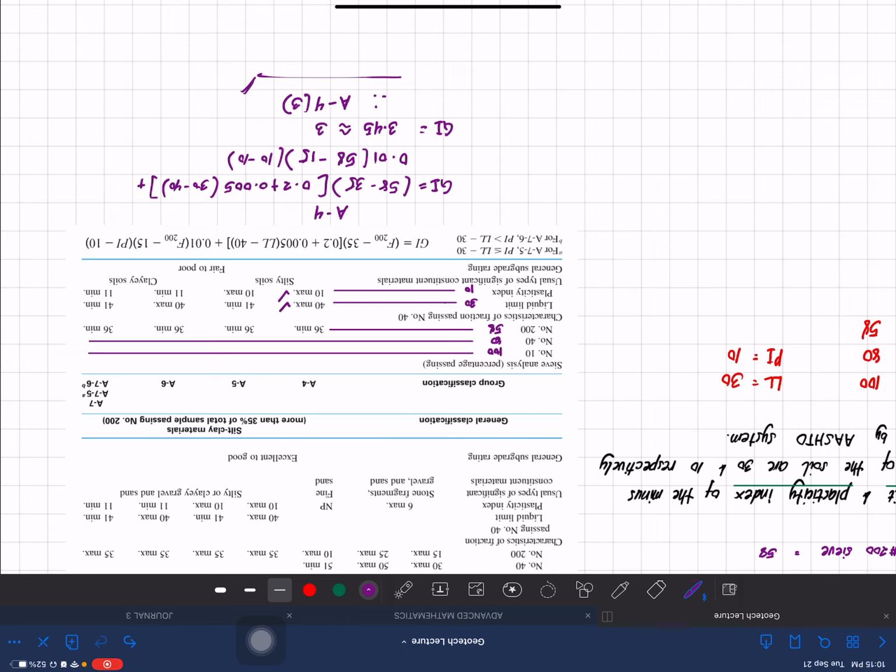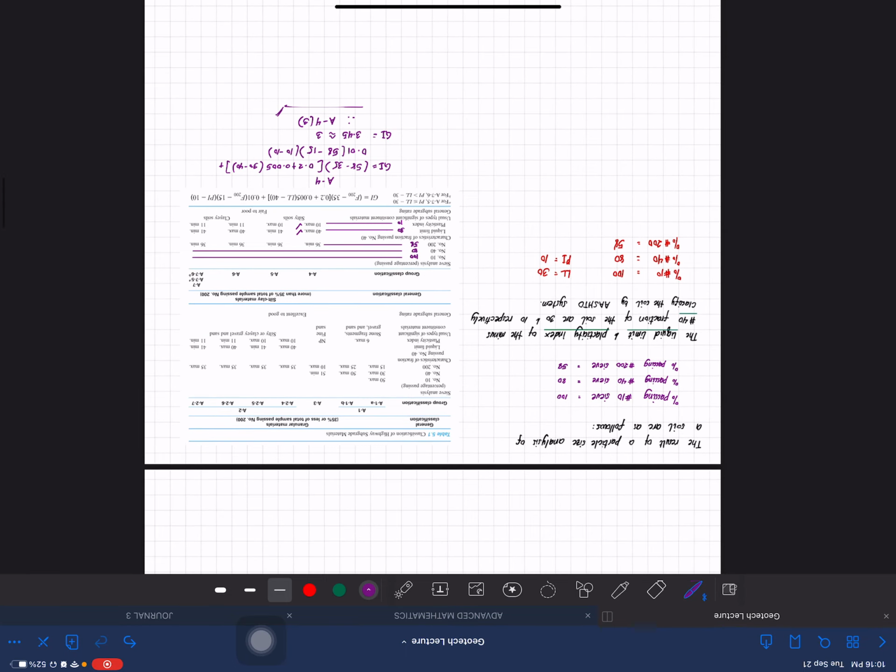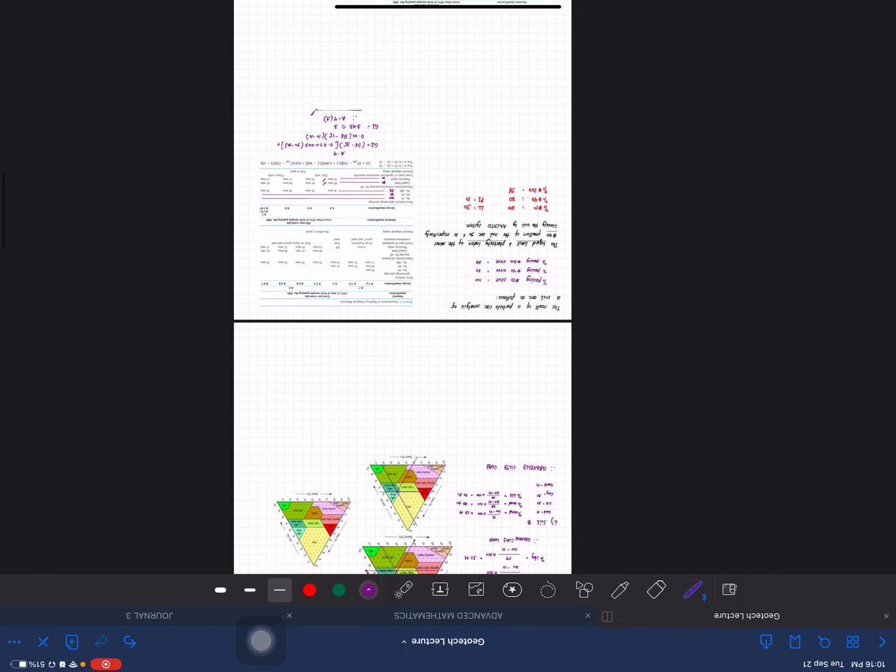And then you have to put the given, and identify if the given actually satisfies the criteria in each column of the soil classification. So you have to check that. So that is the classification according to AASHTO system.